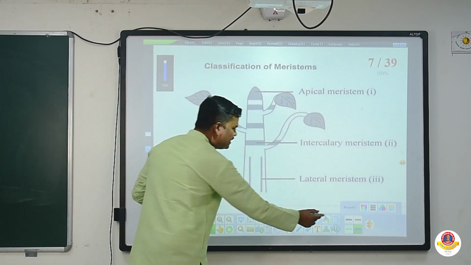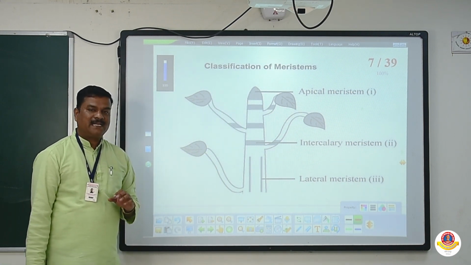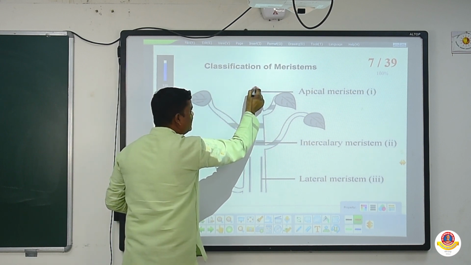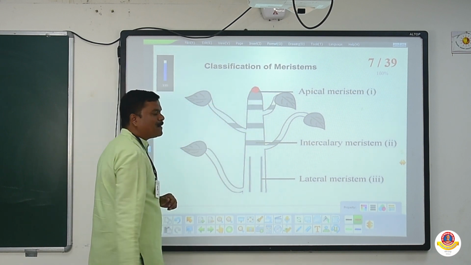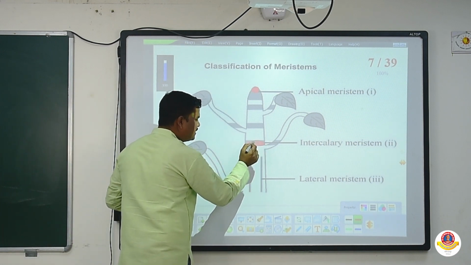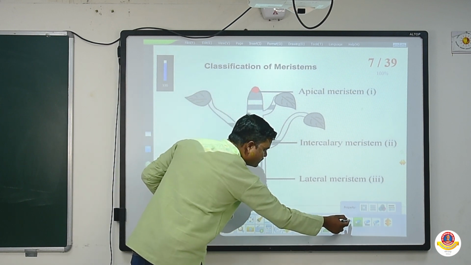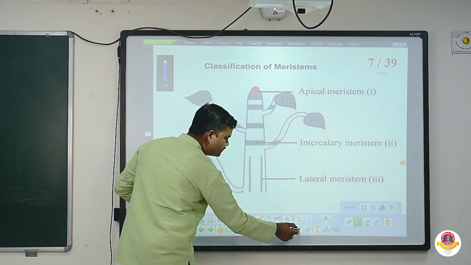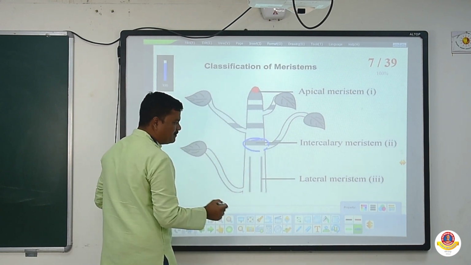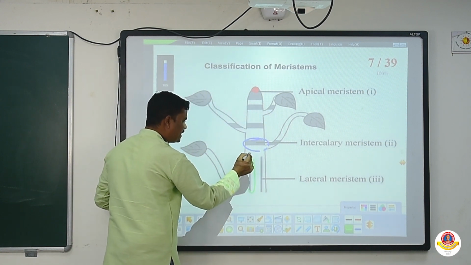Again, these are the types of meristem. In this diagram, we can see there are three types of meristem. The apical or terminal portion is the apical meristem. Here you can see the intercalary meristem, while this is the lateral meristem.